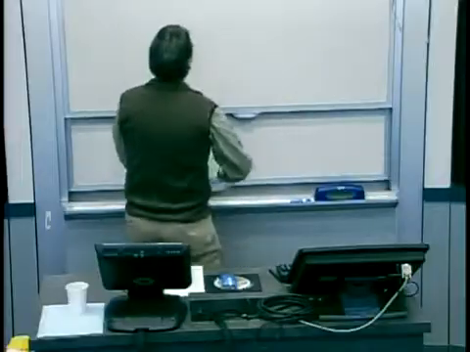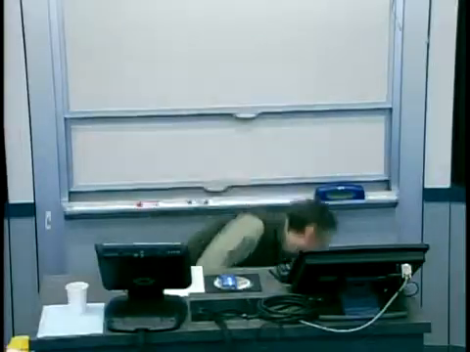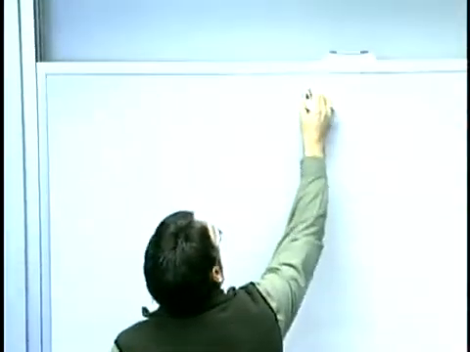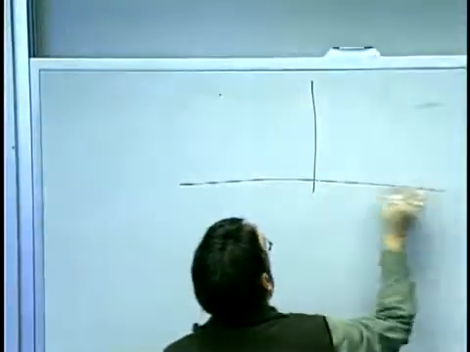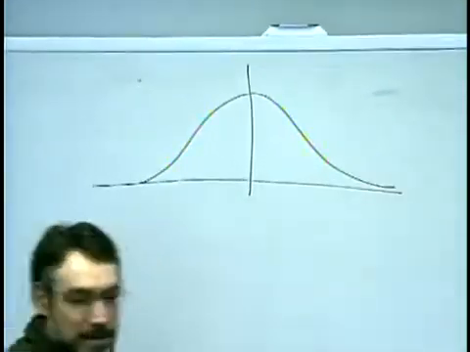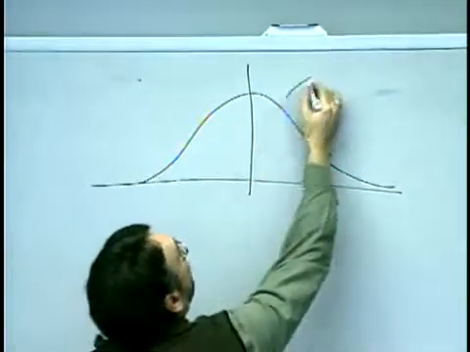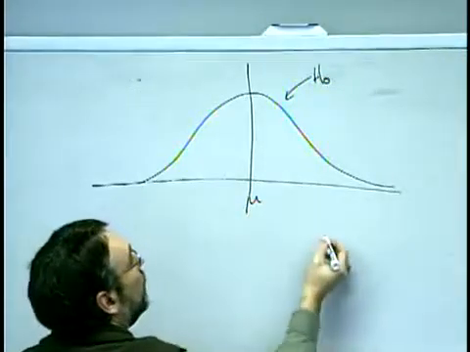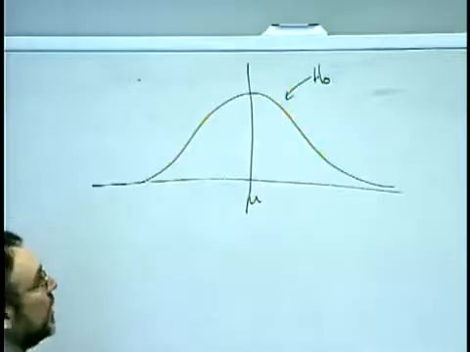So the basic situation with the hypothesis test, if you recall, is that we have our assumed distribution. I'm going to assume here that it's a Gaussian. We'll call that H naught. It's got some mu, some true process mean.